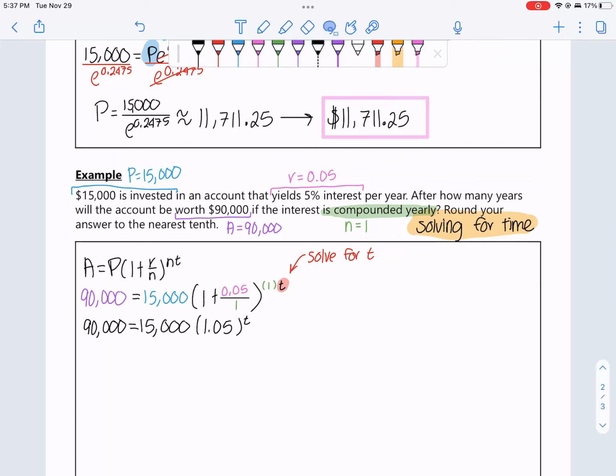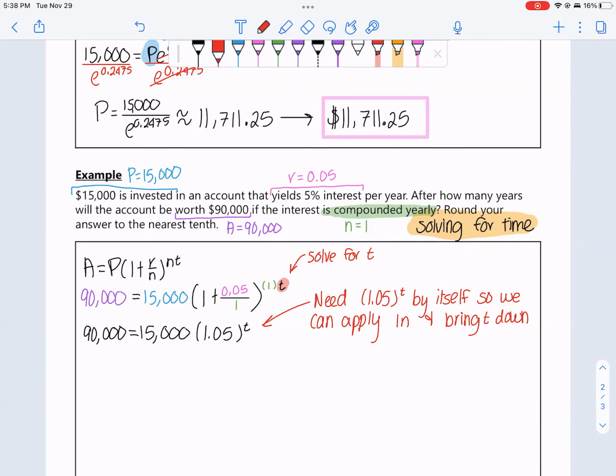All right, if I want to solve this equation, I am going to need to get the t out of the exponent. And the only way I can get the t out of the exponent is if I get rid of this 15,000 and then take the natural log on both sides so I can bring down the t from being an exponent. I'm going to write that down in words.